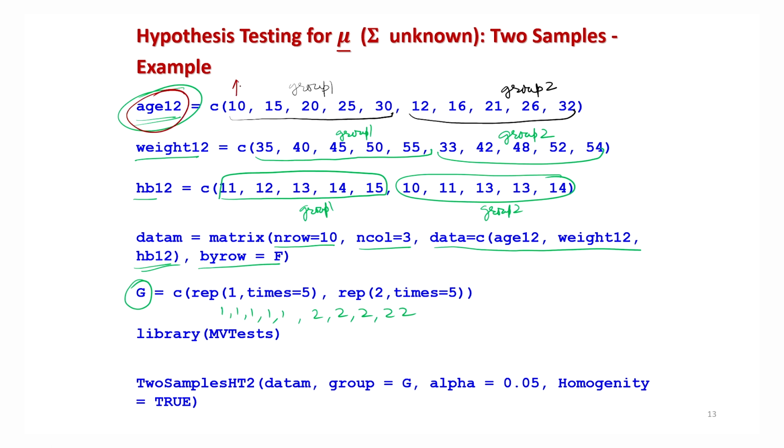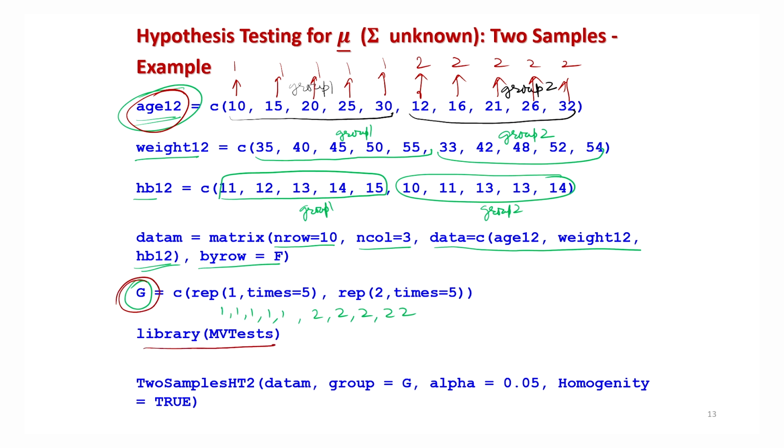So for the first observation I say value 1, and for the first 5 values I have 1 for the variable g, and for the remaining 5 observations we have the value 2, to indicate that they are coming from group 2. This is how I define my variable g.